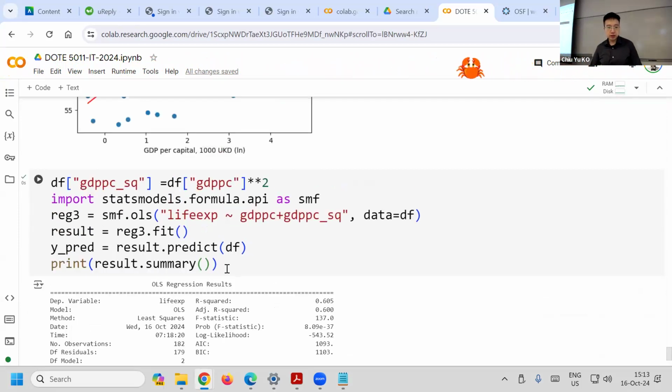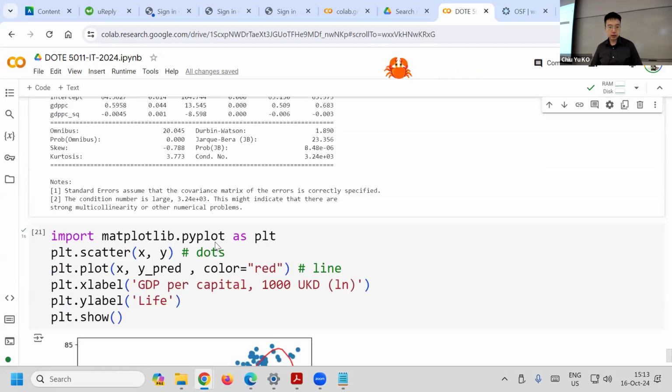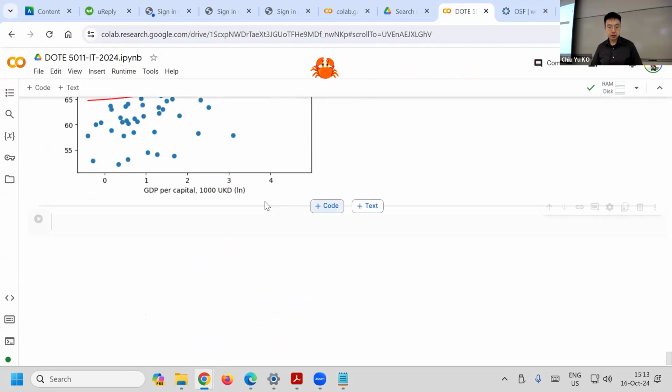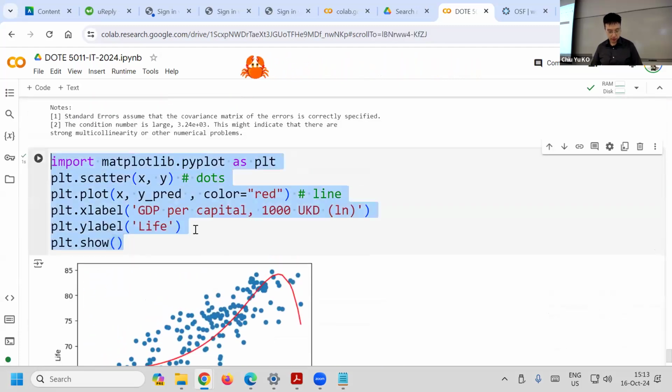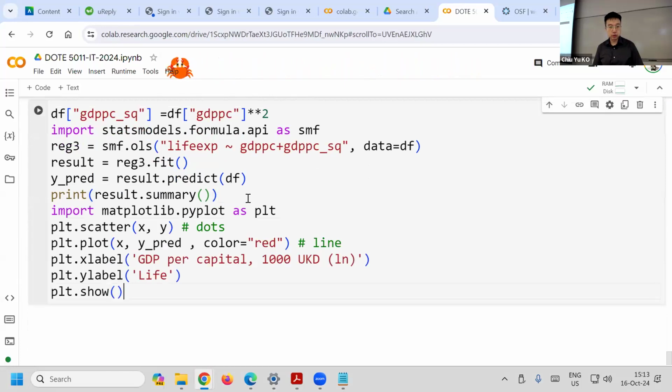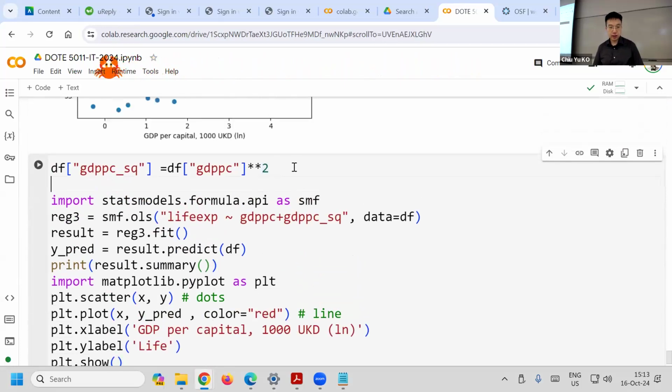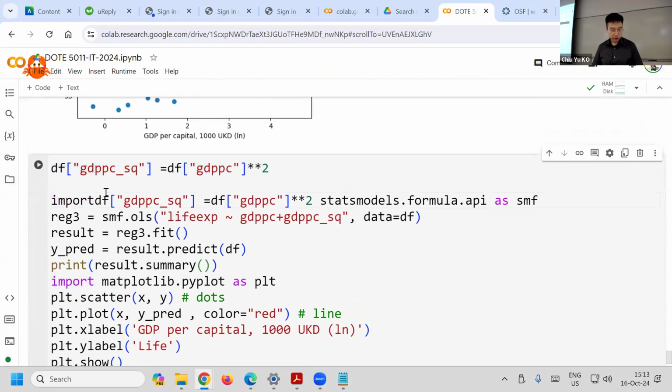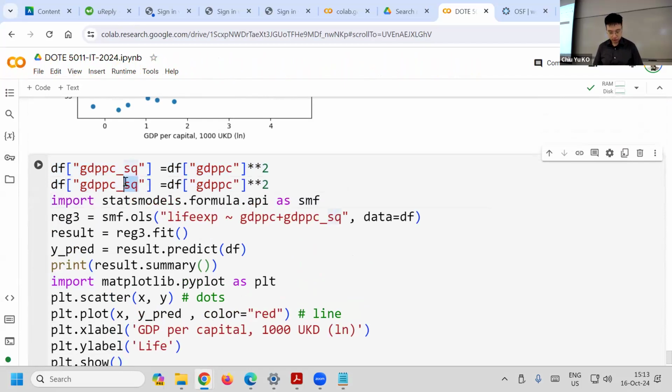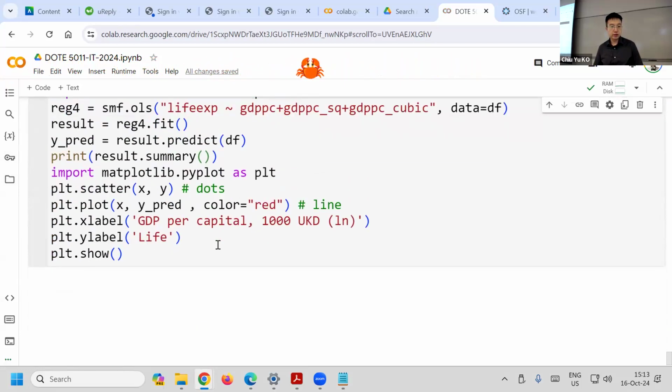If you don't like this, we can go to much more fun. We can go as far as we want. Say, go up to cubic, and fit the thing and do everything there.